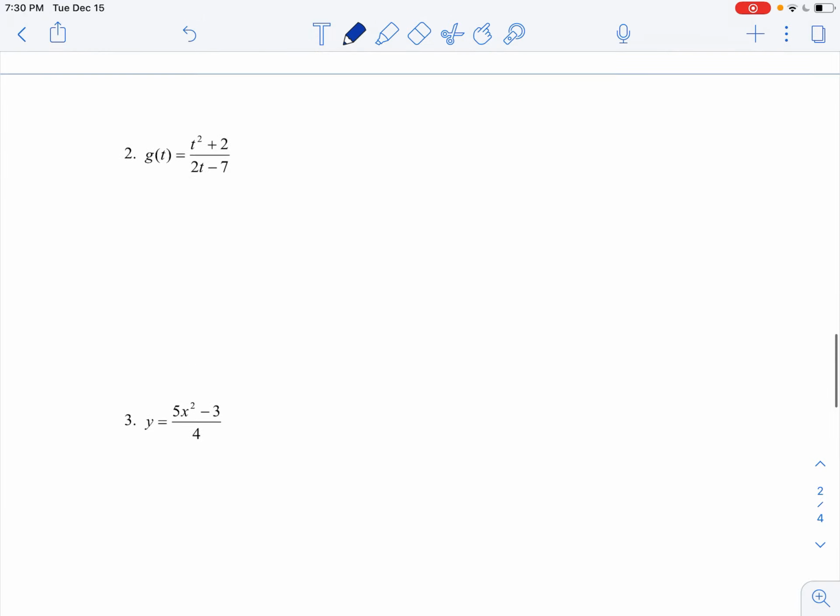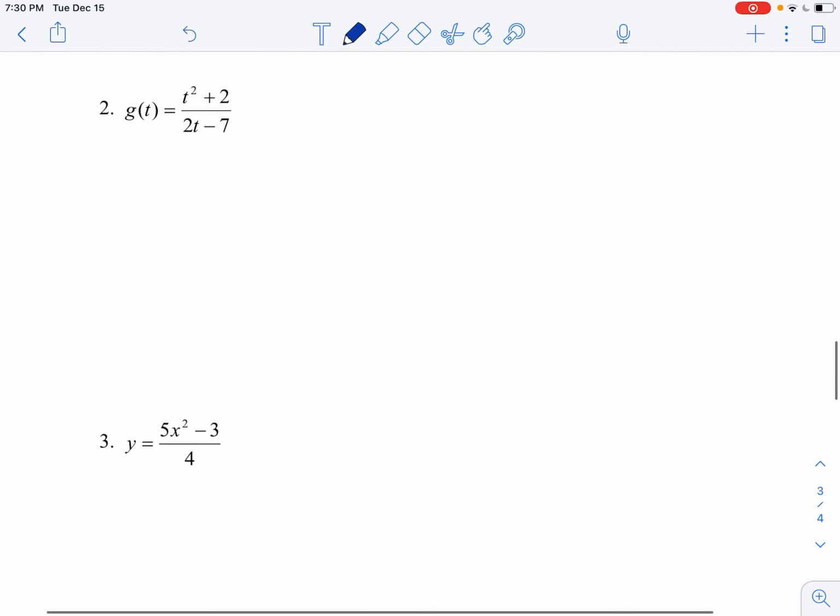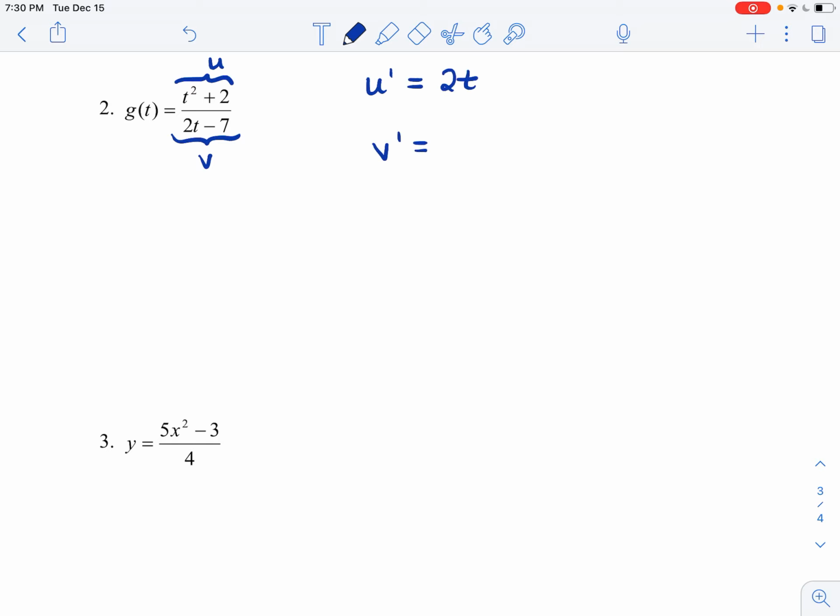Okay, let's try another one. We're just going to do 2 more. So for number 2, we have a function, g of t. The numerator, we're going to say this is our u function being divided by our v function. So off to the side, let's find the derivative of each. U prime would be 2t, v prime would be 2.